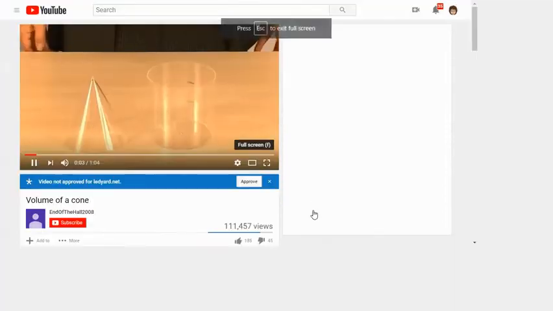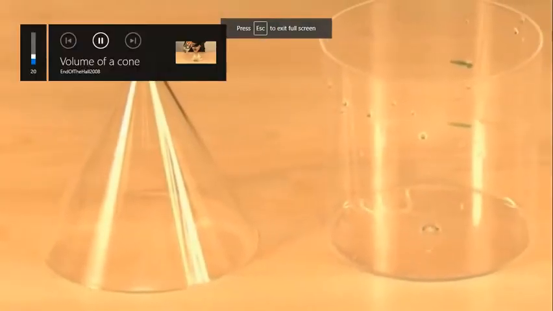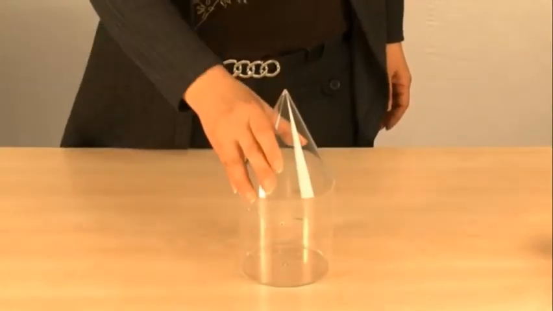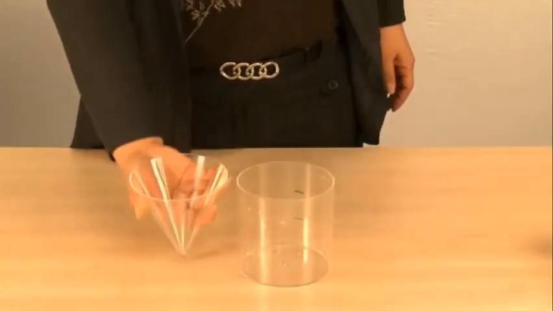In this video, we'll demonstrate the ratio of a volume of a cone and a volume of a cylinder. We have a cone and a cylinder with the same diameter and height.